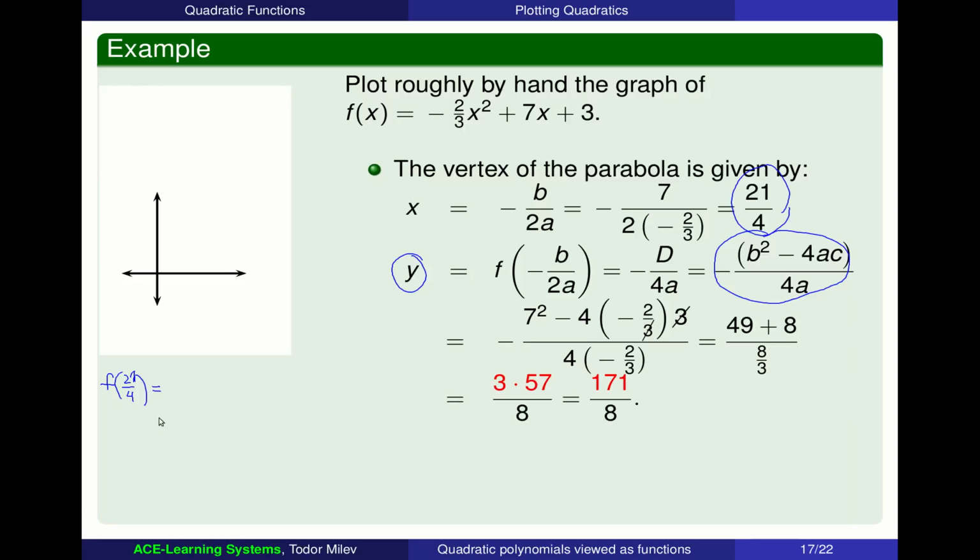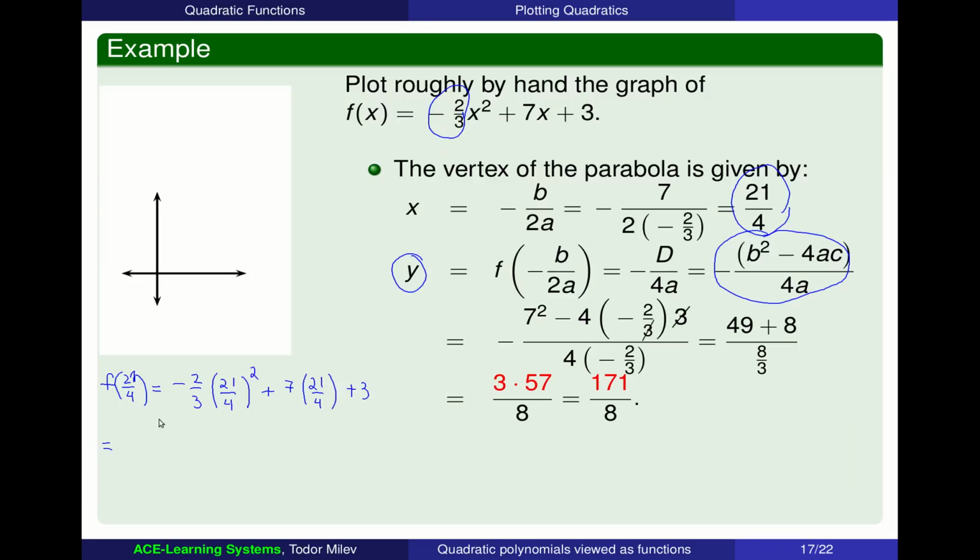Now I'm going to need a little bit of space in order to compute that number, so I'm going to leave a little bit of space here. So let's do it. f of 21/4 is negative 2/3 times 21/4 squared, plus 7 times 21/4 plus 3.